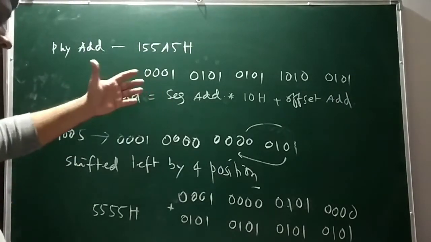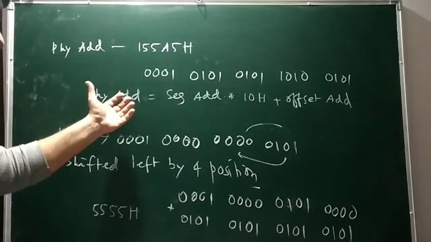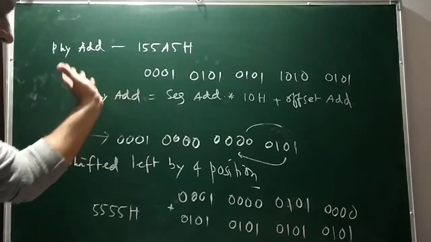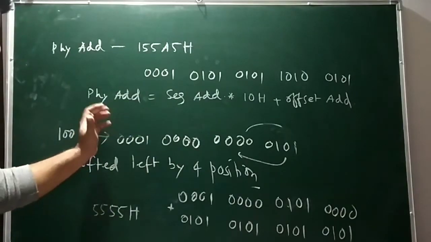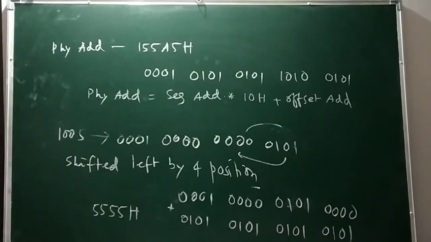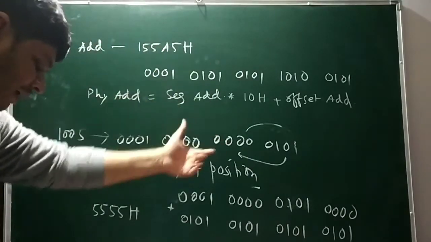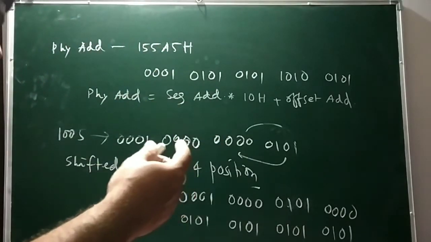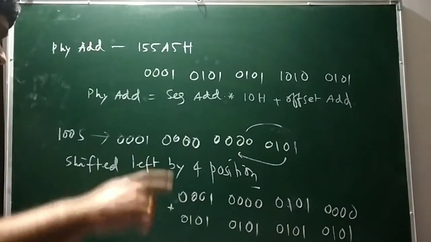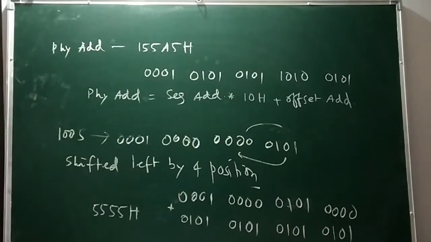Here we have immediate addressing mode, direct addressing mode, register addressing mode, register indirect addressing mode, indexed addressing mode, register relative addressing mode, based indexed addressing mode, and relative based indexed addressing mode.